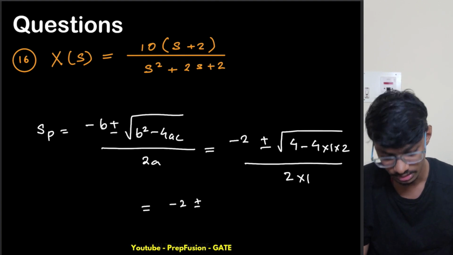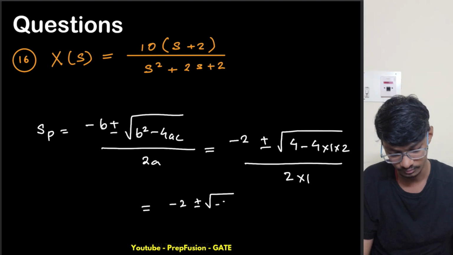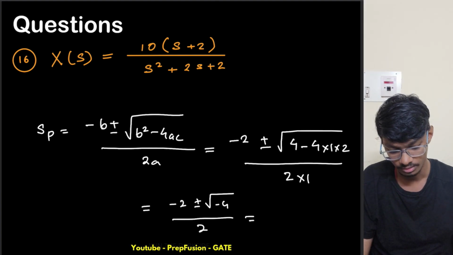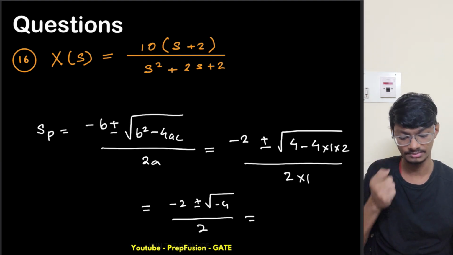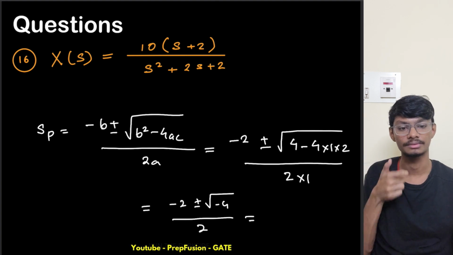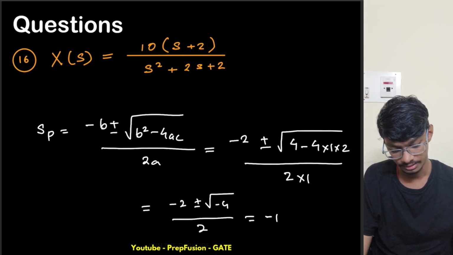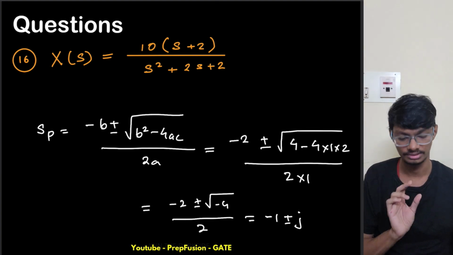So 2 plus minus, and here this is coming negative: minus 4, divided by 2. So we are getting complex roots. Now the pole has some real component and some imaginary component. So this is minus 1 plus minus j.